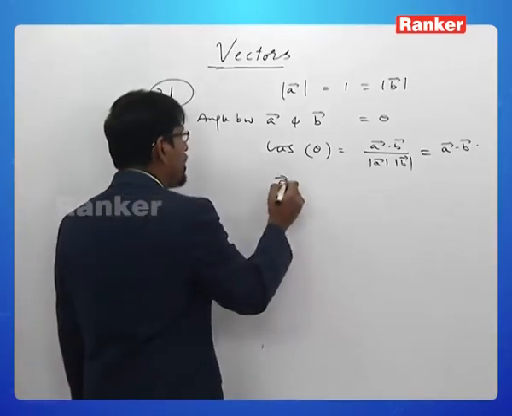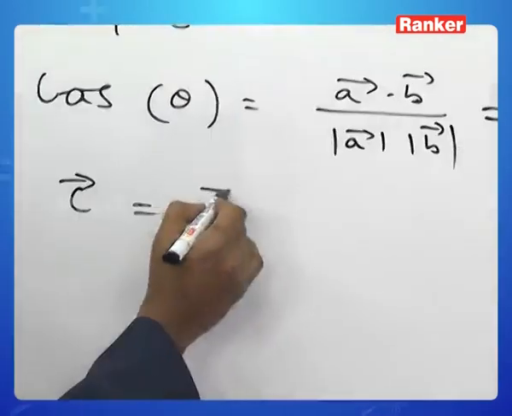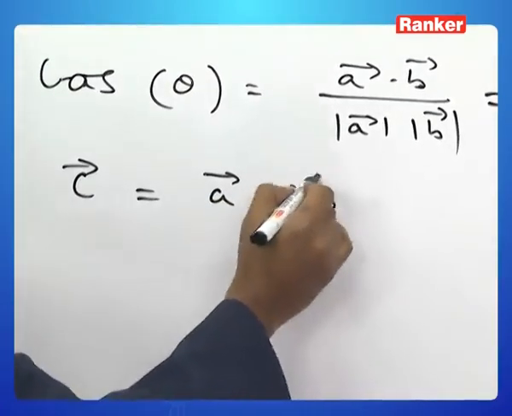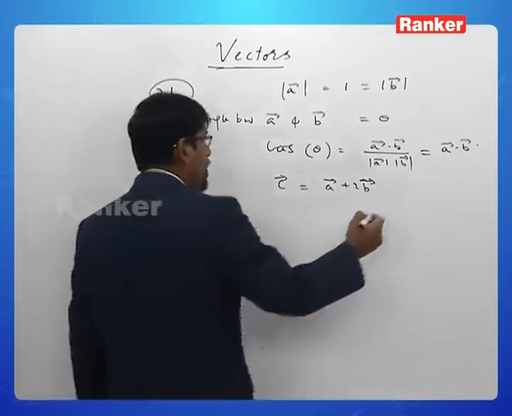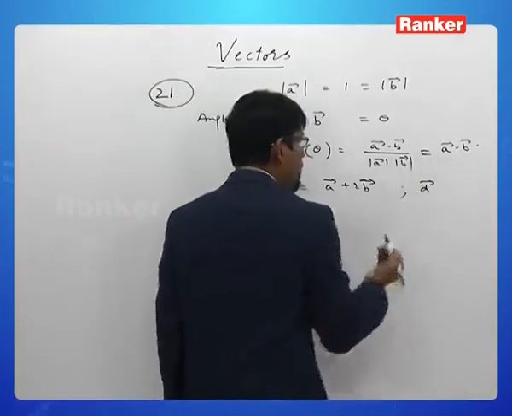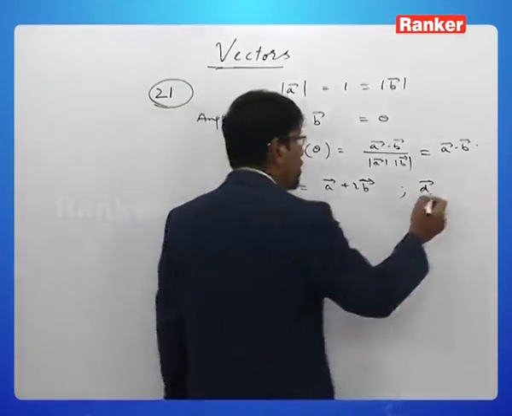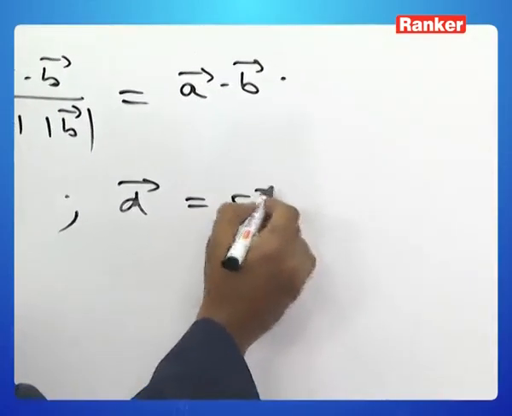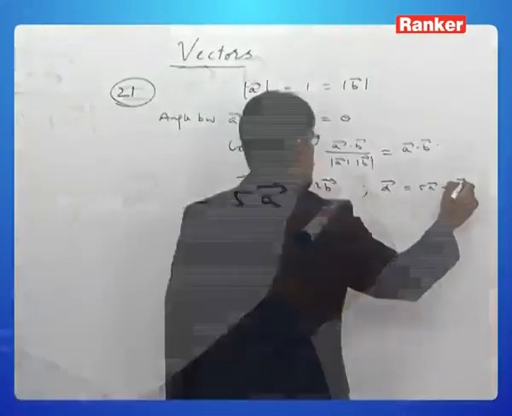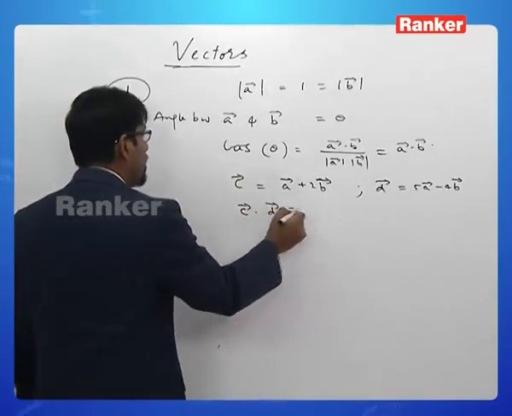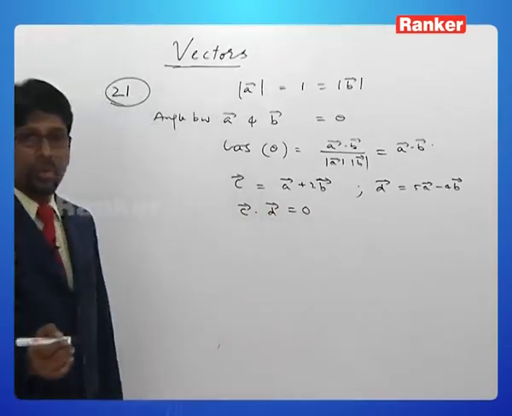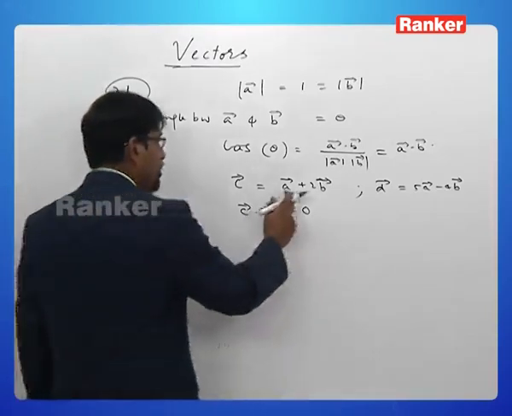What are we given? c bar is equal to a bar plus 2b bar, and d bar is equal to 5a bar minus 4b bar. We are also given that c bar and d bar are perpendicular, therefore the dot product has to be 0. Let's take the dot product of these two.